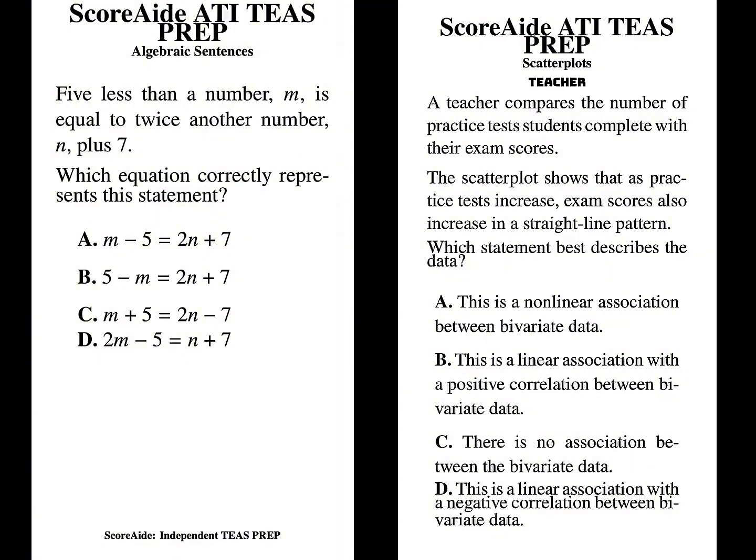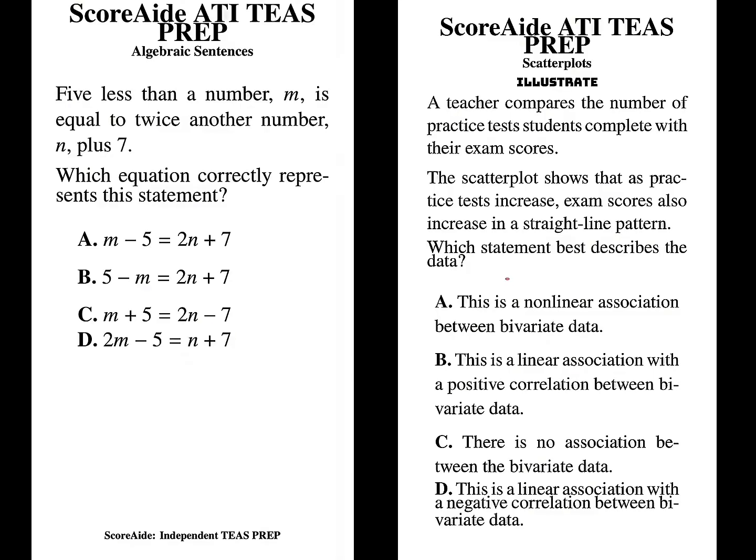A teacher compares the number of practice tests students complete with their exam scores. The scatter plot shows that as practice tests increase, exam scores also increase in a straight line pattern. Which best describes the data? Right?